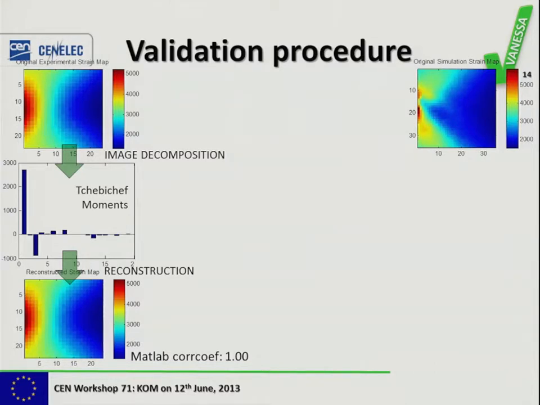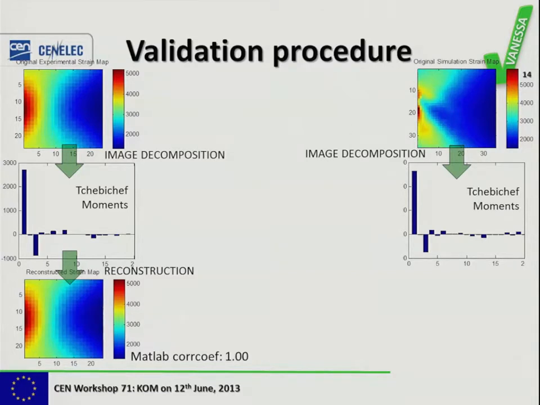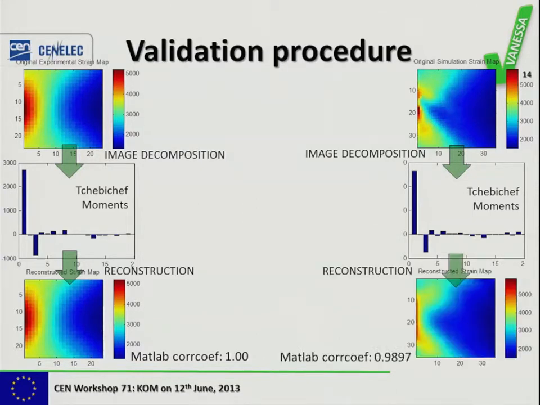If we do the same process for our theoretical data, our model, then we get a set of Chebyshev moments, first 20 moments again, to represent our finite element distribution. Reconstruct to check that it's a good representation, and in this case it's 0.9897, so effectively 1, so it's a good reconstruction.